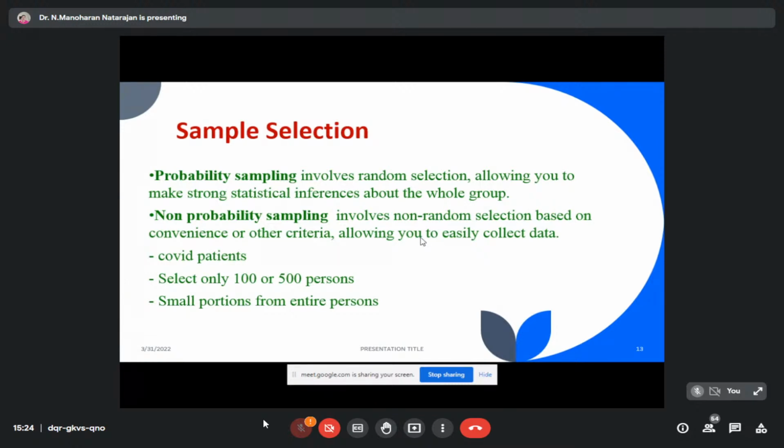That is probability, random selection. The second one is non-probability, which involves non-random selection based on convenience and other criteria, allowing you to easily collect data.